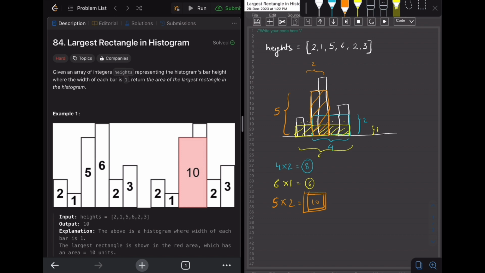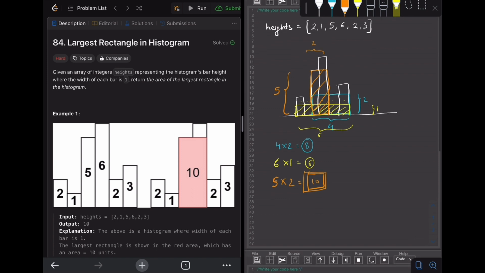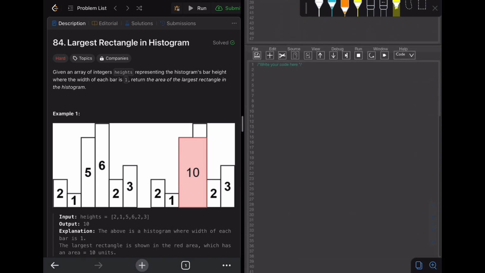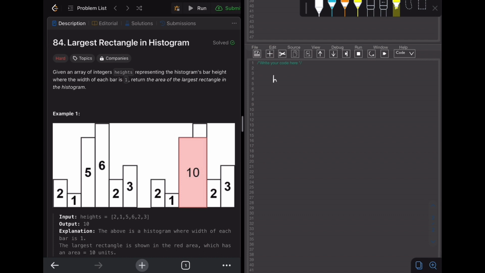Now let's see another example, just so that we can properly understand the question. Let's say our heights array was this one. Okay, we have 1, 2, 3, 4, 5, 6, 7, 8, 9 elements here. Let's try to draw this.